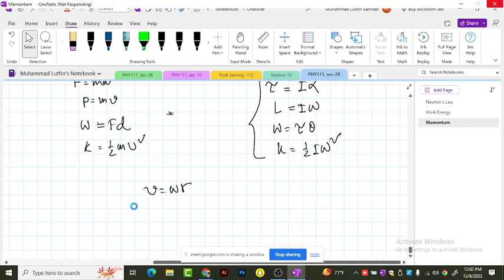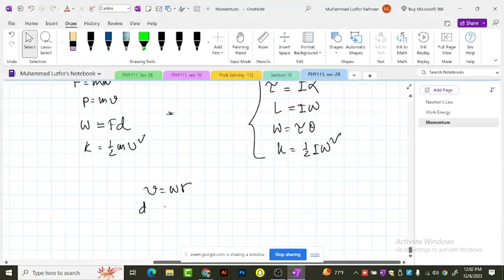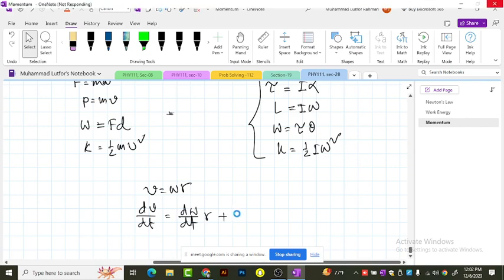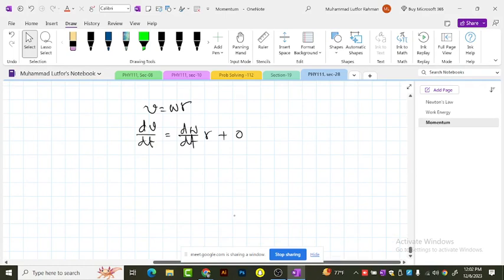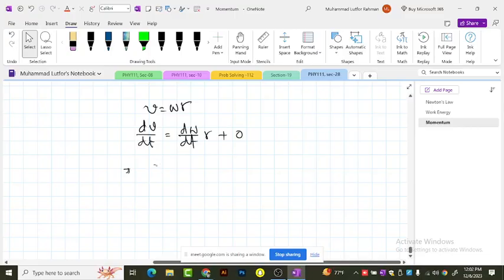If we take the derivative of this equation on both sides, it gives dv over dt equal to d omega over dt into r plus a second term that would be 0, because the derivative of r is 0, since r is constant here. Then dv over dt is simply a, so a equals d omega over dt, which is alpha, into r. So that's the relation between linear acceleration and angular acceleration.